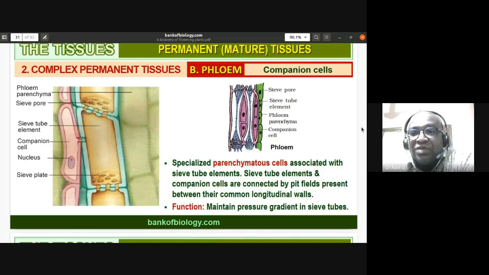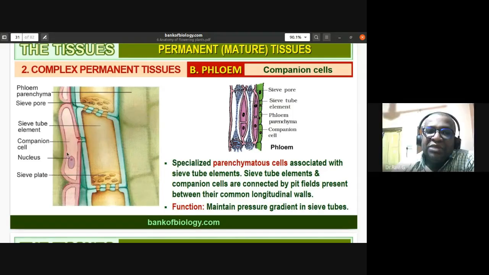So the companion cells are specialized parenchymatous cells. They are associated with sieve tube elements. The companion cells are specialized parenchymatous cells which are associated with sieve tube elements. The sieve tube elements and companion cells, they are connected by pit fields. So you can notice in the left slide, they have pit fields where they have these protoplasmic connections, connected by pit fields present between their common longitudinal walls.